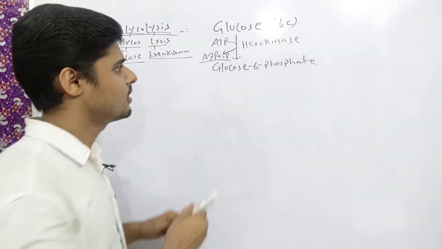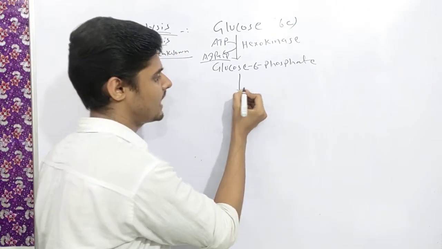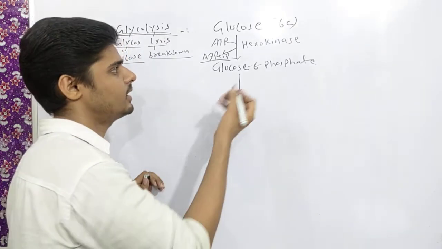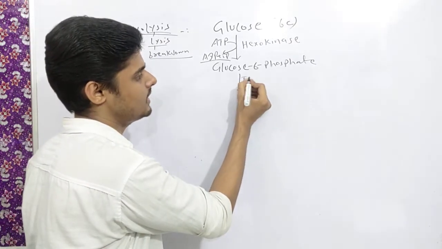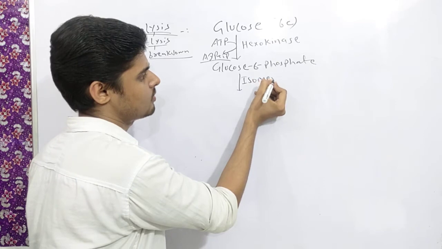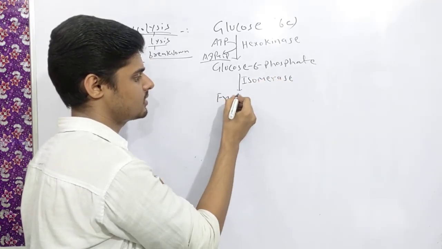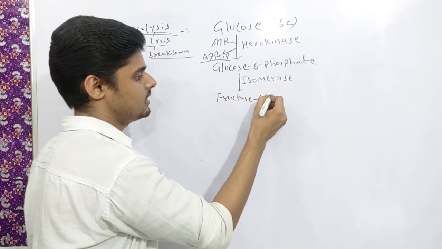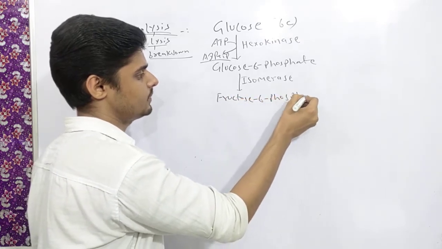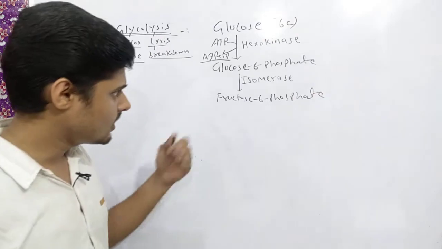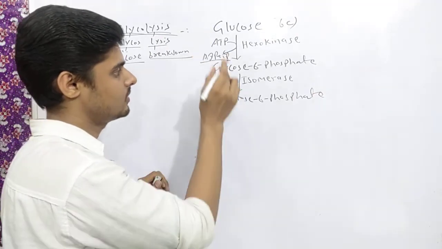This glucose 6-phosphate then isomerizes into fructose 6-phosphate with the help of an enzyme called isomerase. So this is the first step, and then the second step.